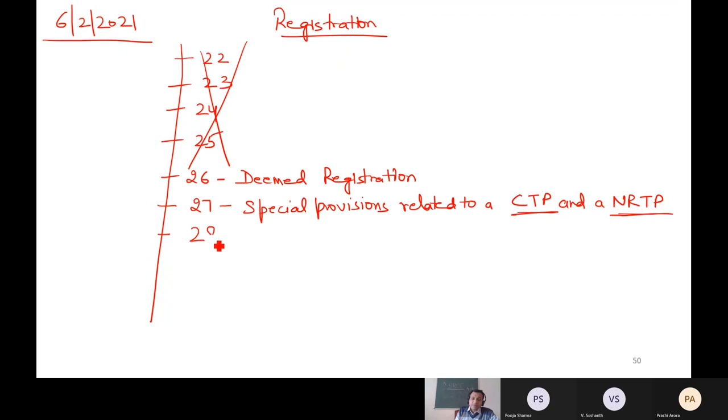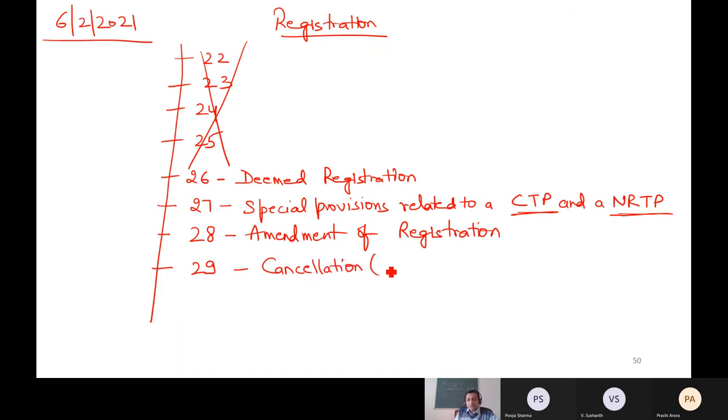Then 28 deals with amendment of registration. For example, I want to change some information which I have submitted earlier. 29 deals with cancellation of registration certificate, where my registration will be cancelled, or at least if not cancelled, then suspension. Suspension of registration.